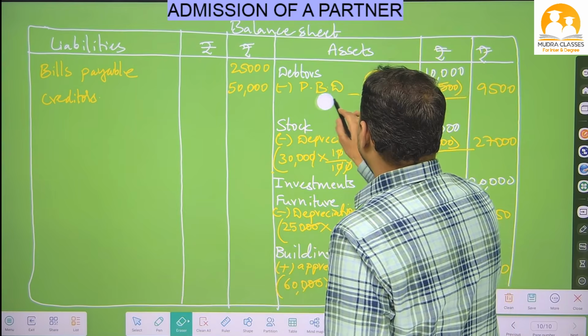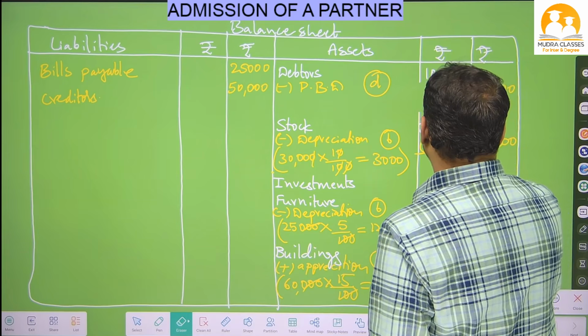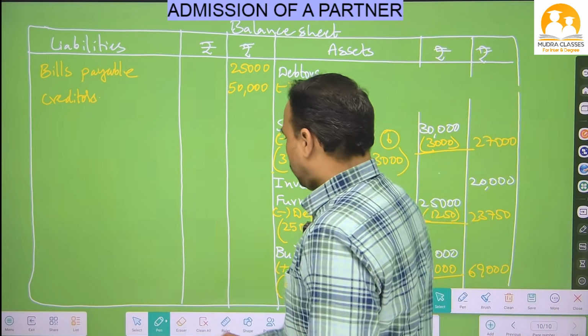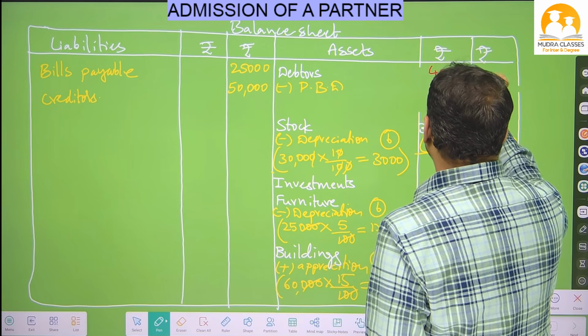So provision for bad debts, actually debtors amount is 40,000.